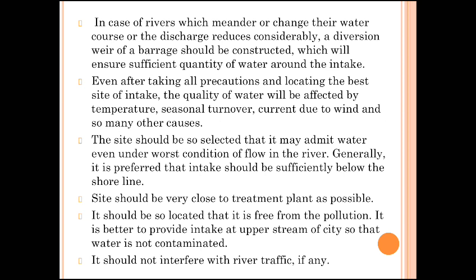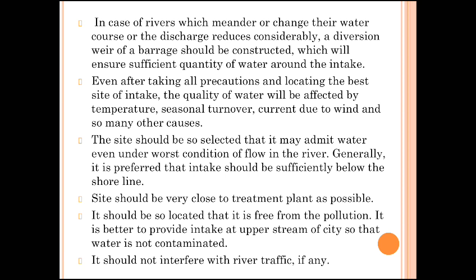In the case of a river which may change its water course, or whose discharge reduces considerably, a diversion weir or a barrage should be constructed, which will ensure a sufficient quantity of water around the intake.